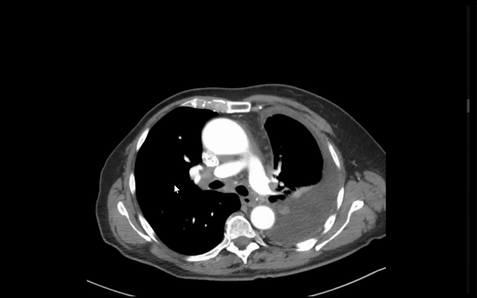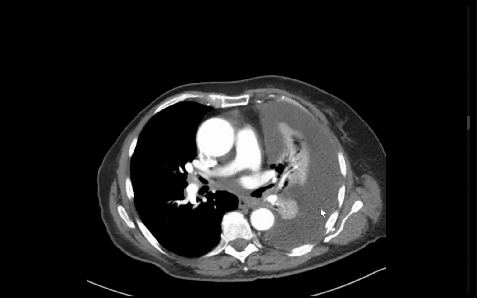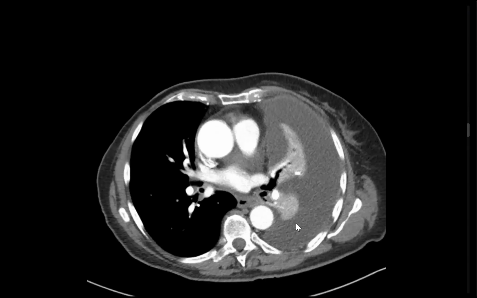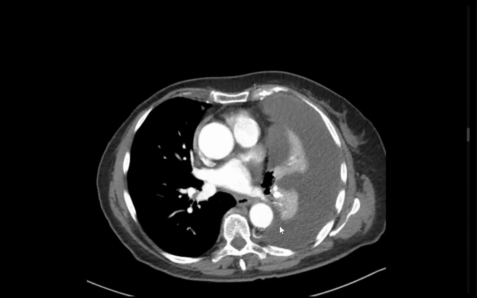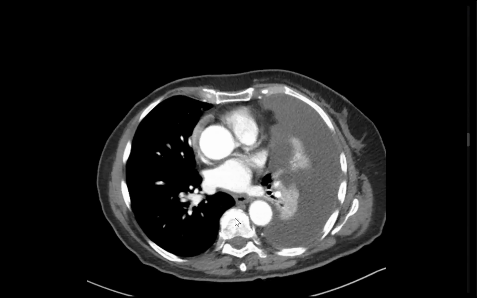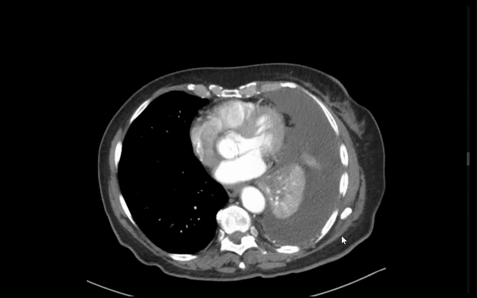Right hilar node is there, enlarged. Subcarinal node is noted. There is passive collapse of the adjacent visualized lung, and the bony cage appears grossly normal.